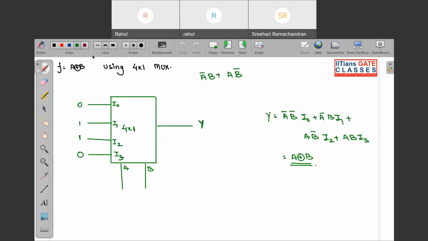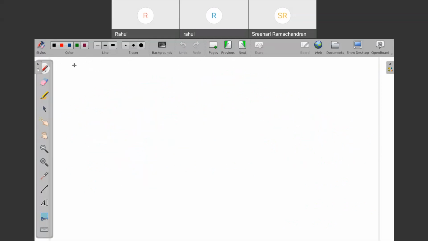Now tell me how many 4 cross 1 mux are required for construction of NOR. So this is very important.